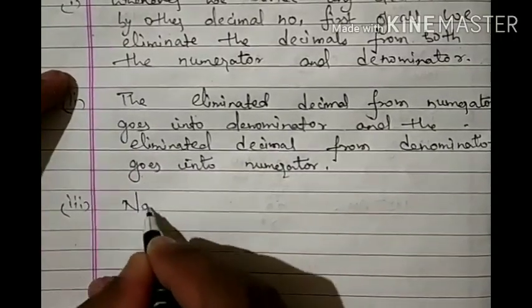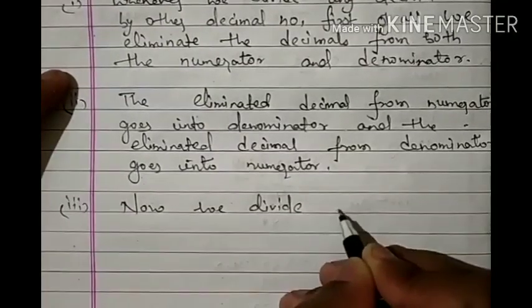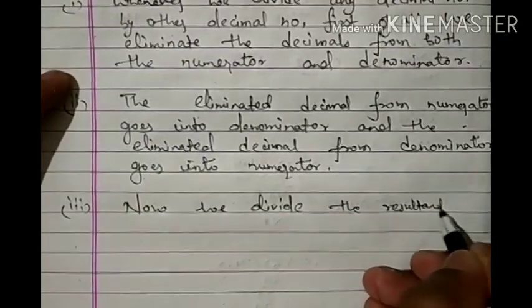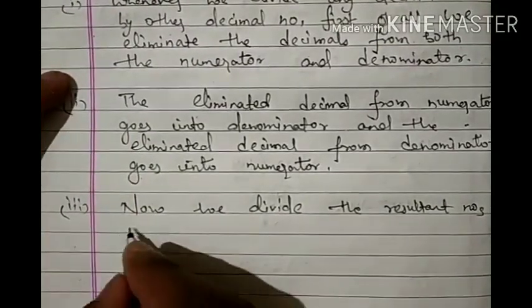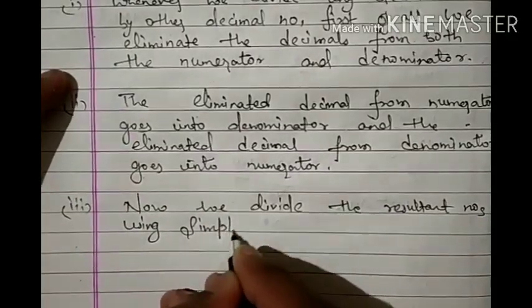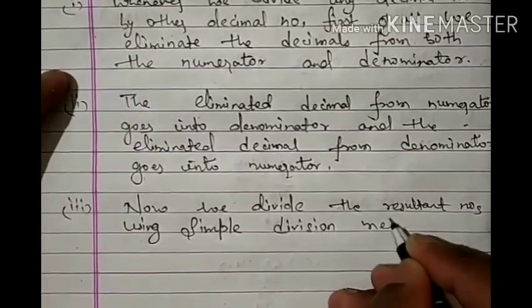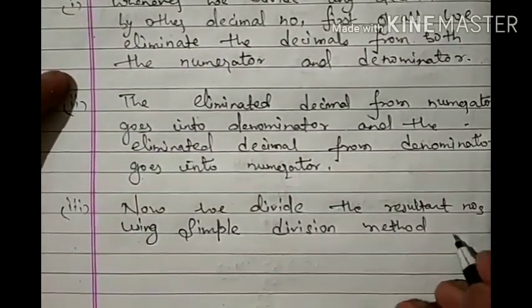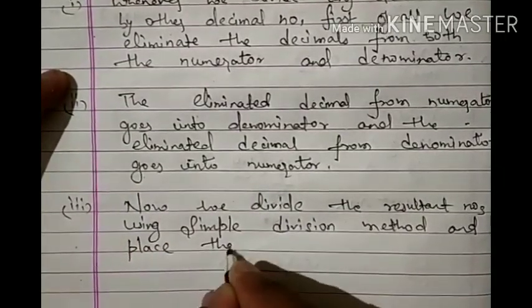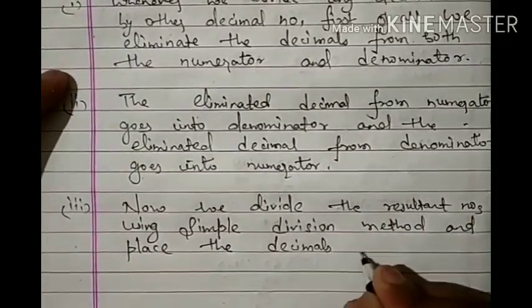Now we divide the resultant numbers using simple division method and place the decimals accordingly.